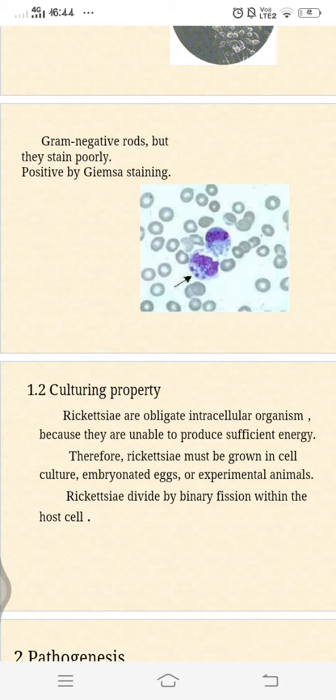So let's understand the outline sketch of how it infects our body. First it enters into our body by the bite of an arthropod vector or through their feces. Next it undergoes local multiplication in the endothelial cells of small blood vessels, and next it enters the blood and damages the vascular endothelium and causes disseminated intravascular coagulation, that is DIC.